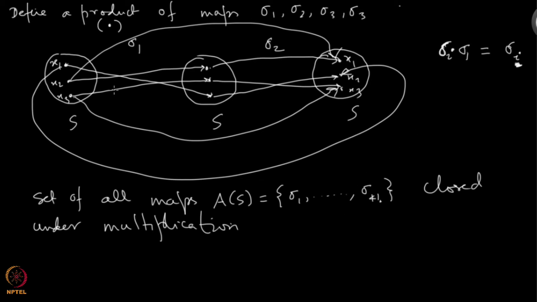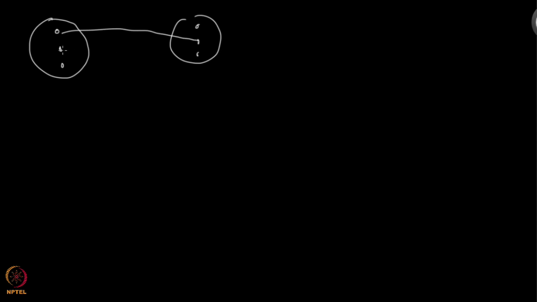So, we have seen that this set is closed under the multiplication which you have defined here, and also that given a map sigma, you have an inverse map to it. You can always find another map which will give you the inverse. Let me tell it more clearly. If this goes to that one, this goes to that one, and this goes to that one, let me draw S here.